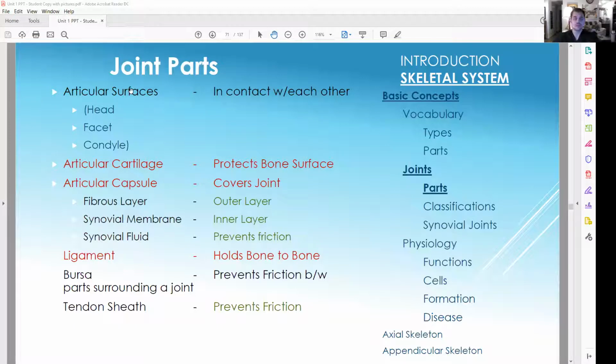So you've covered 50%. That would be considered covering a topic. But if all the video talks about is articular surfaces, with no mention of articular cartilage, the capsule, ligaments, tendons, synovial fluid, membrane, or fibrous layer, then you can post that video, but I would expect you to post enough videos to cover 50% of the information on the slide.